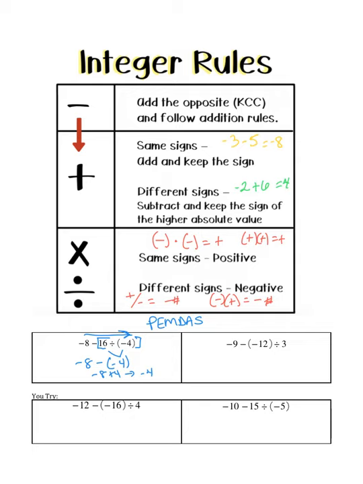But you can also do, and guys, I don't know which one's going to work best for you, okay? I'm going to write it over here: -8 minus 16 divided by -4. Let's say you do negative 16 divided by negative 4. That's positive 4.